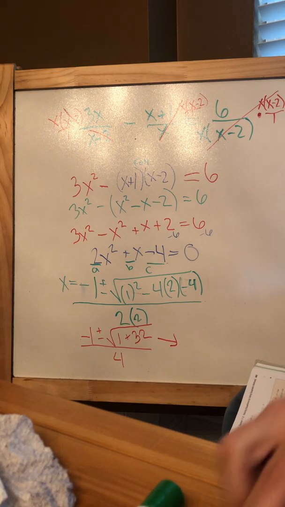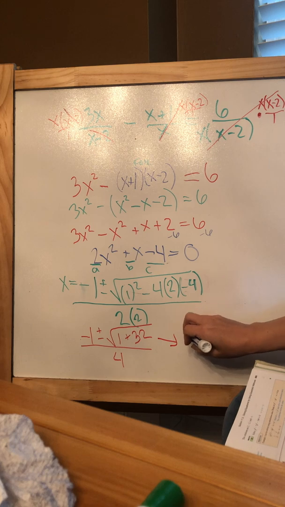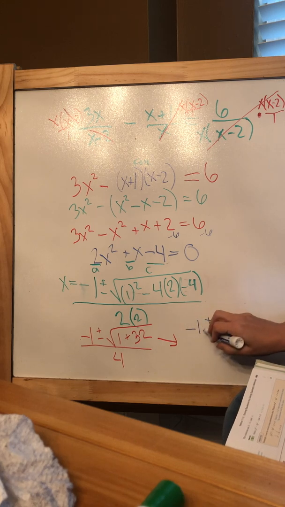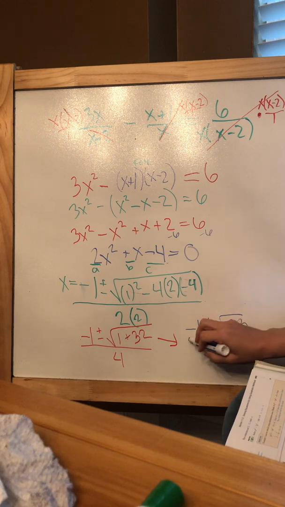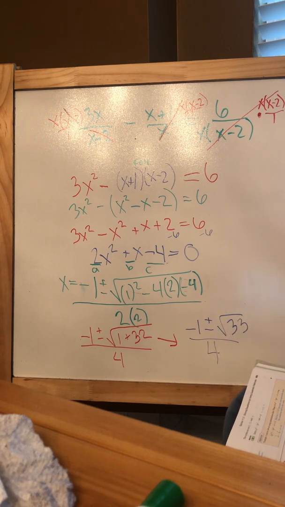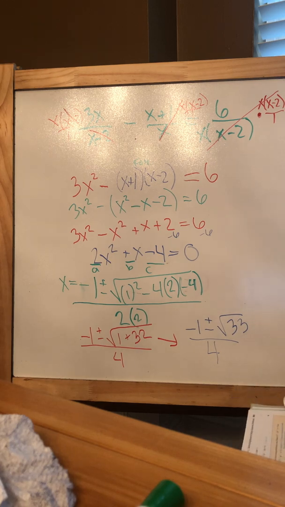Okay, so what is this going to give us? Negative 1 plus or minus the square root of 33 over 4. And that's as far as we can go. That is your solution set. So go ahead and press pause, please, and try practice 2.